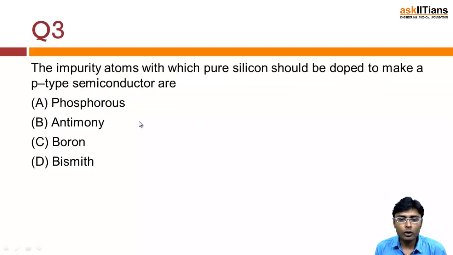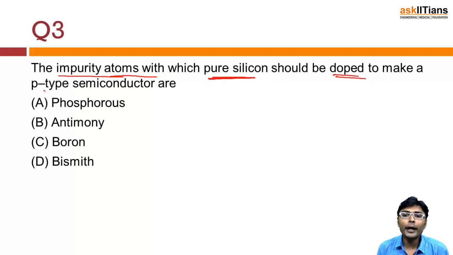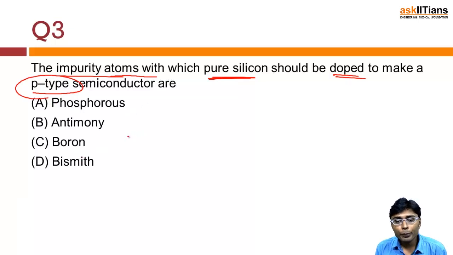Now if we see question number 3: the impurity atoms with which pure silicon should be doped to make a p-type semiconductor are. We have to see from the options which of the impurity atoms, if we dope them in pure silicon semiconductor, will make that intrinsic semiconductor a p-type semiconductor, right?